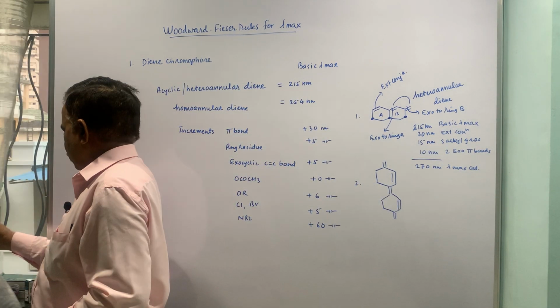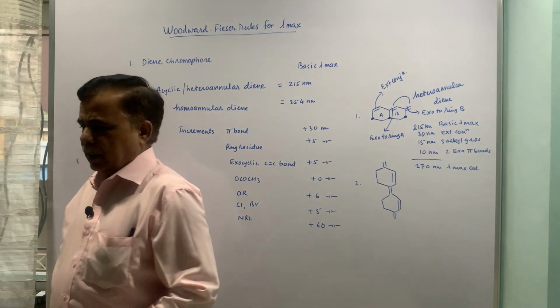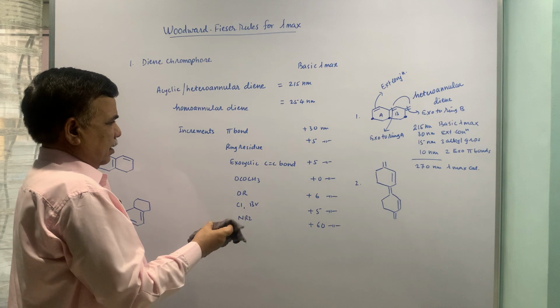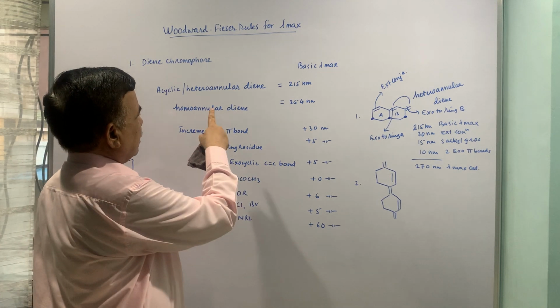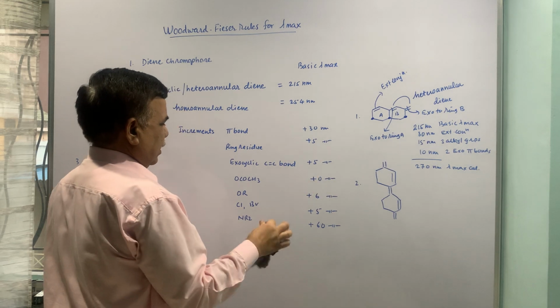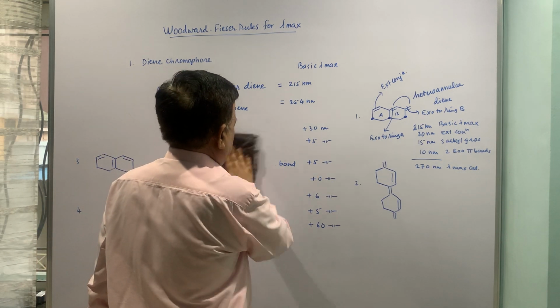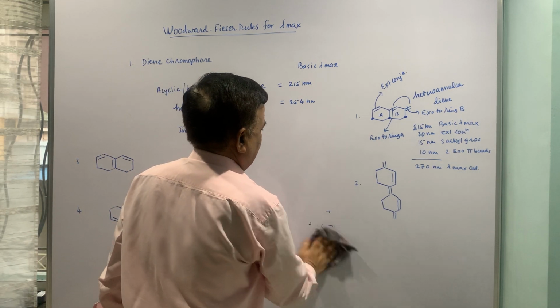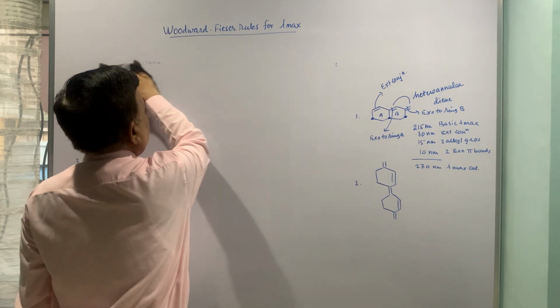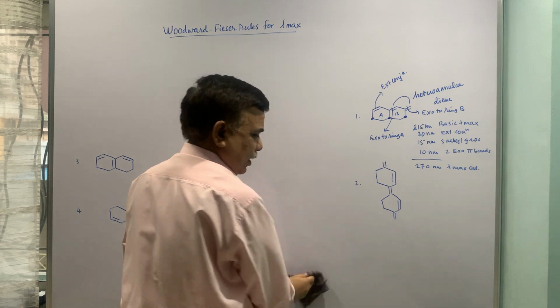Now let us go to the other example. We will see the other part, like we have seen heteroannular, extended conjugation, exocyclic. Now let us look at the second example. The second example is slightly different.